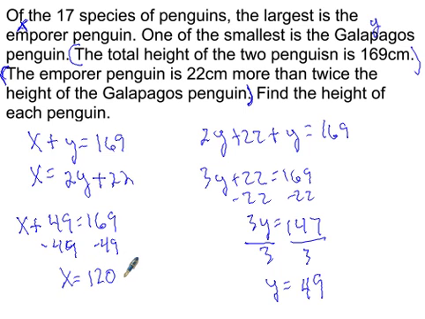So the emperor penguin is about 120 centimeters. Put that in order pair. It seems kind of weird to put that as an ordered pair, but we've been putting everything as ordered pairs, haven't we?